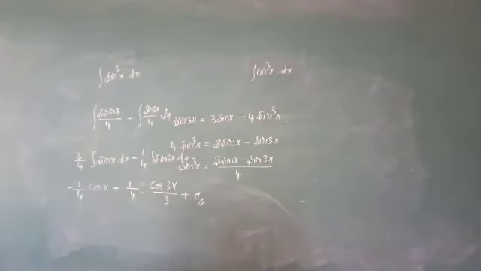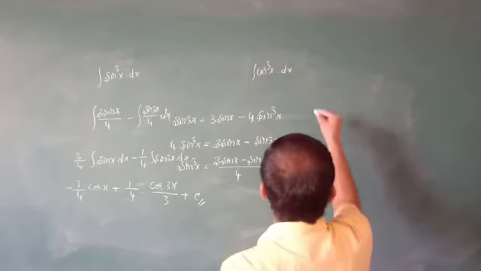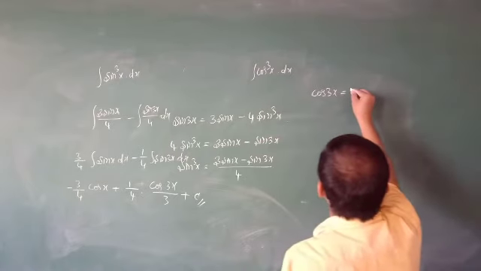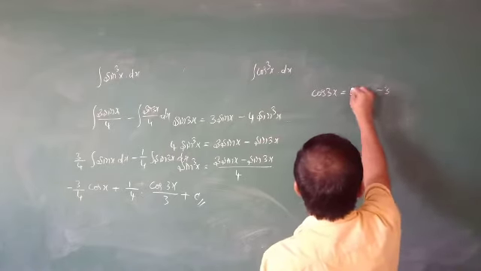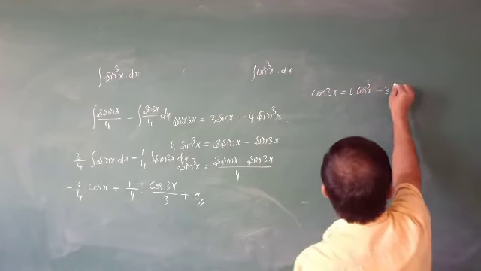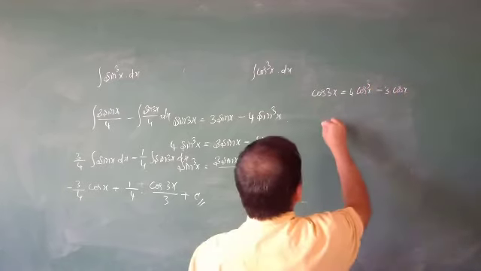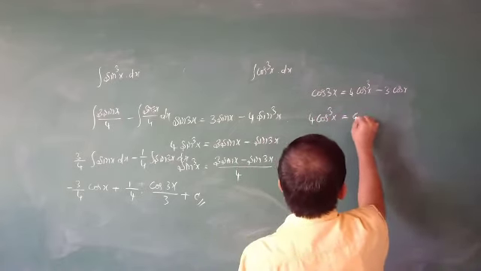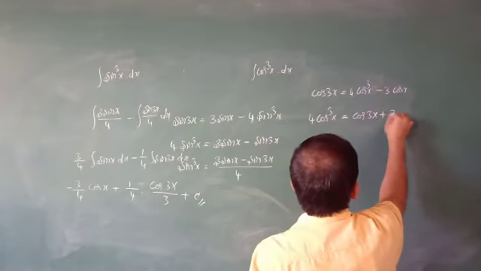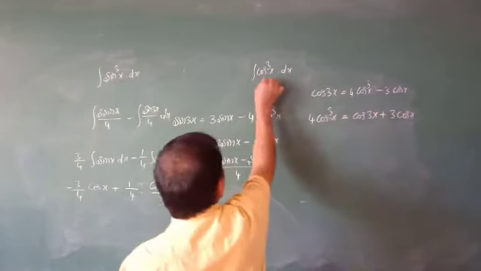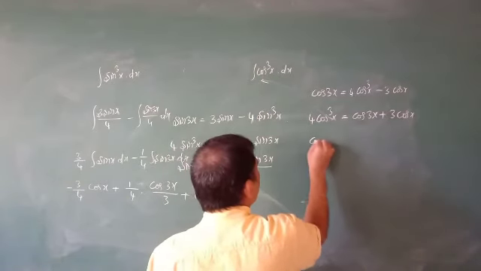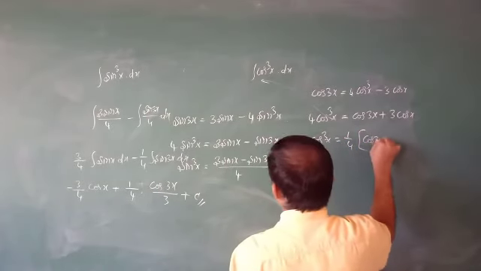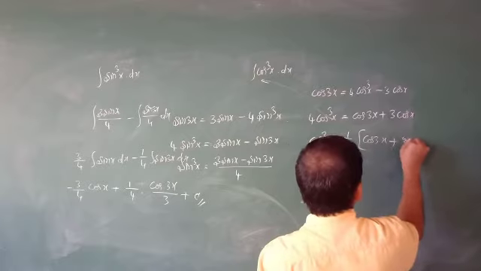This is the answer. Now, cos 3x is equal to 4 cos cube of x minus 3 cos x. Take this to the other side: 4 cos cube of x equals cos 3x plus 3 cos x. Apply this, so cos cube of x equals 1 by 4 into cos 3x plus 3 cos x.